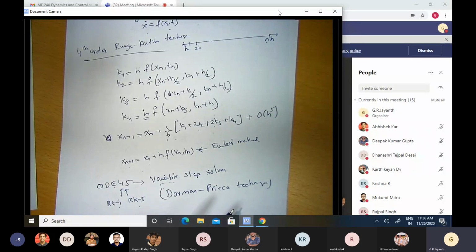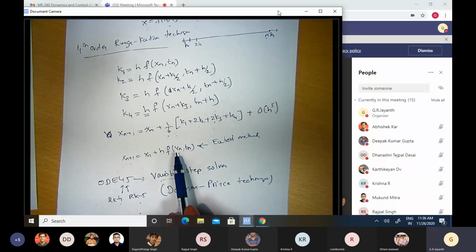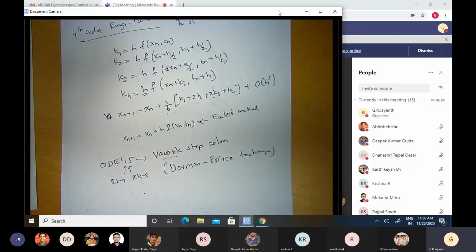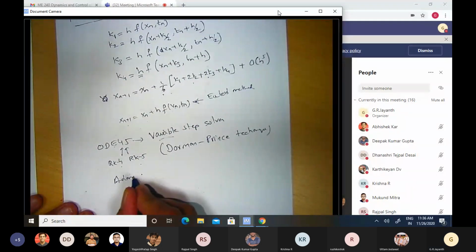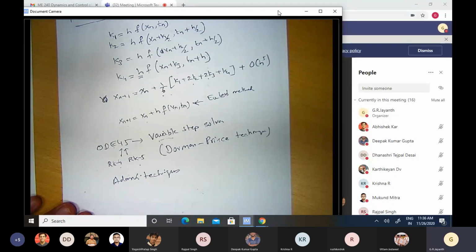It's possible to improve the accuracy by using solutions from other previous steps also, xn-1, xn-2, and so on and so forth. Okay, and a general framework has been developed to obtain the solution by taking into account the solutions at the n-1, n-2, and so on and so forth, and they come under the umbrella of what are known as Adams techniques, or Adams method.